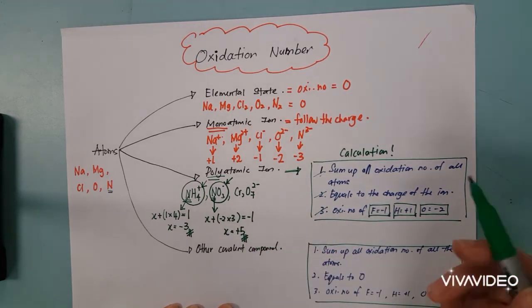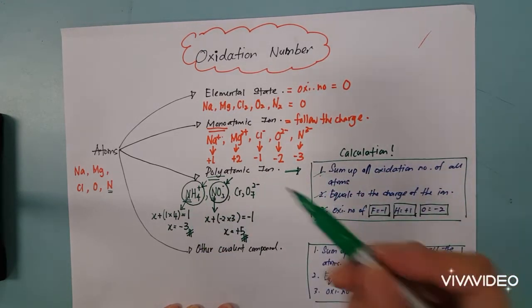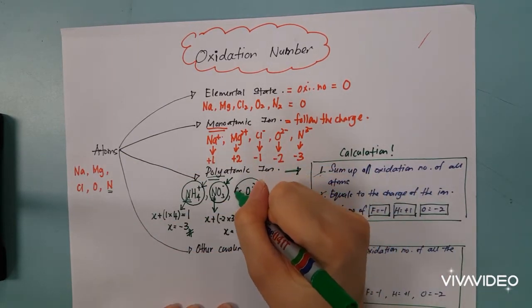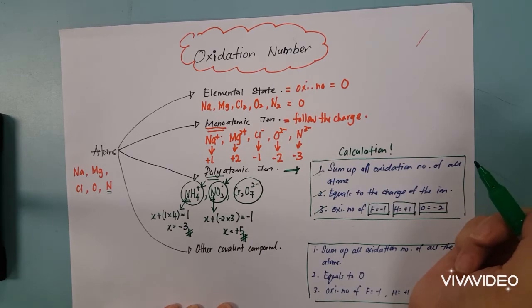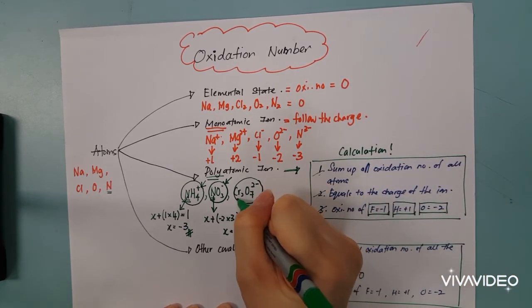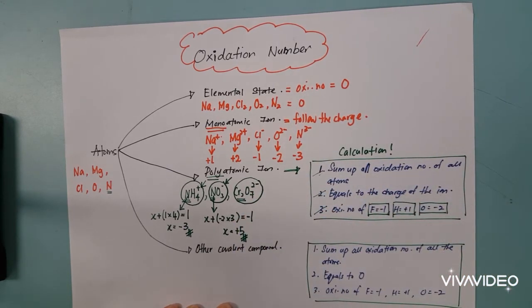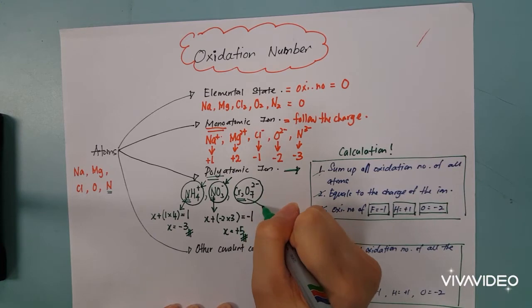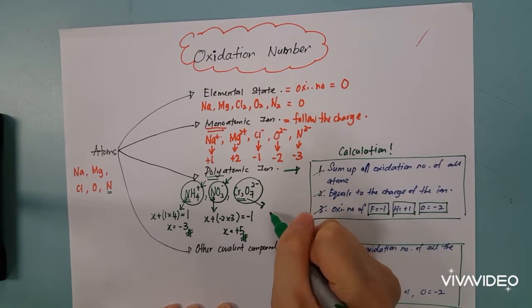One last example. Let's say I have a chromium atom that reacts with oxygen and forms a dichromate ion. The question asks, how do I find the oxidation number of chromium in this polyatomic ion? So again, solve it using calculation. I need to add all the oxidation numbers.